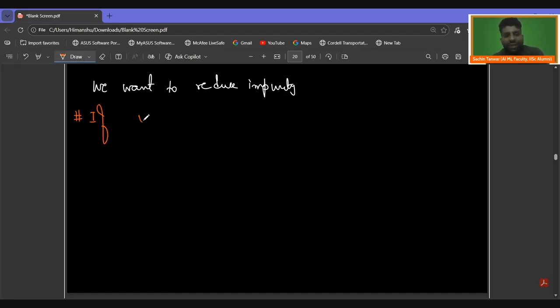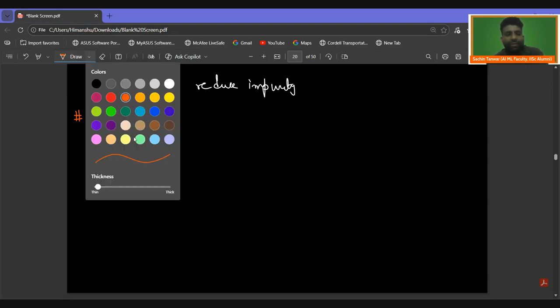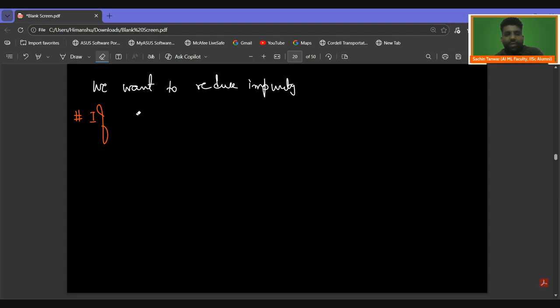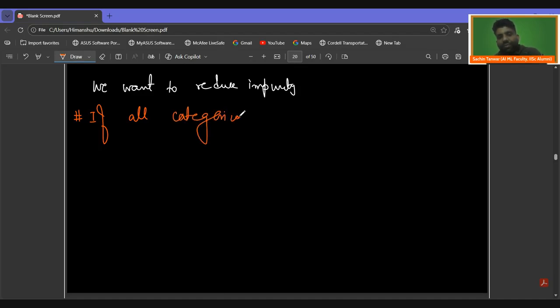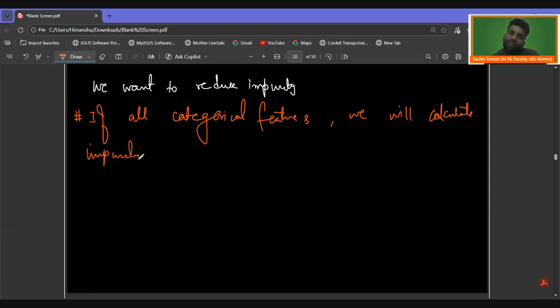If we have categorical features, if all are categorical features, we will calculate the impurity because of each feature, at any level.